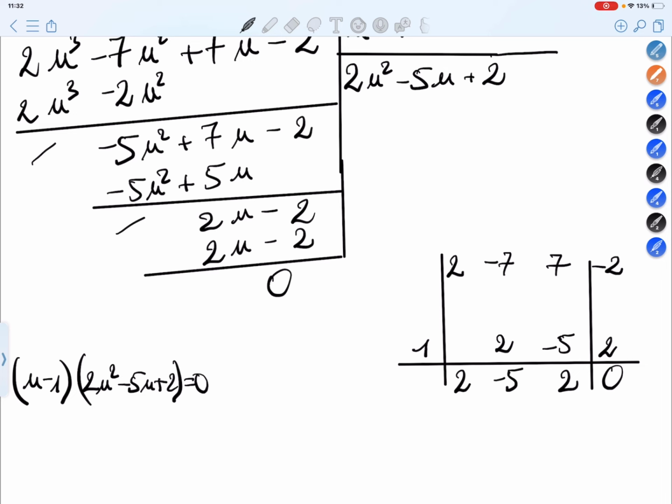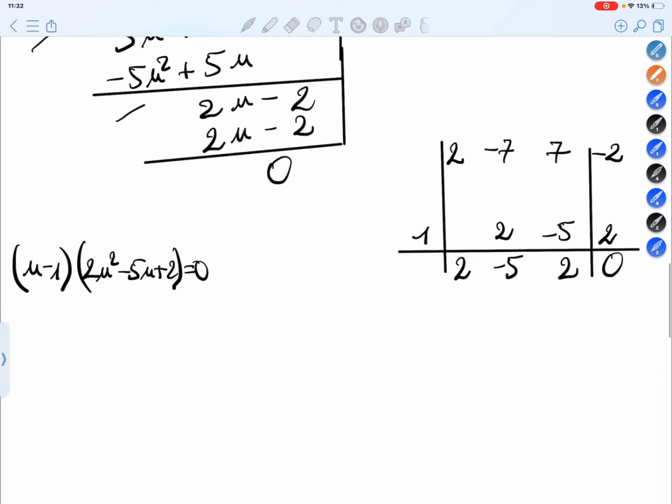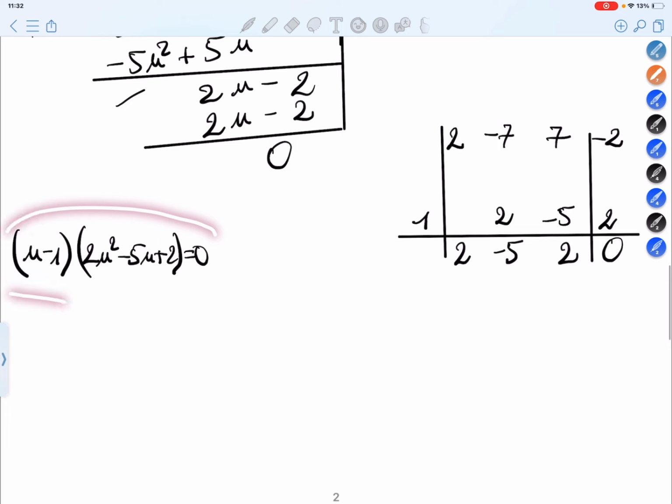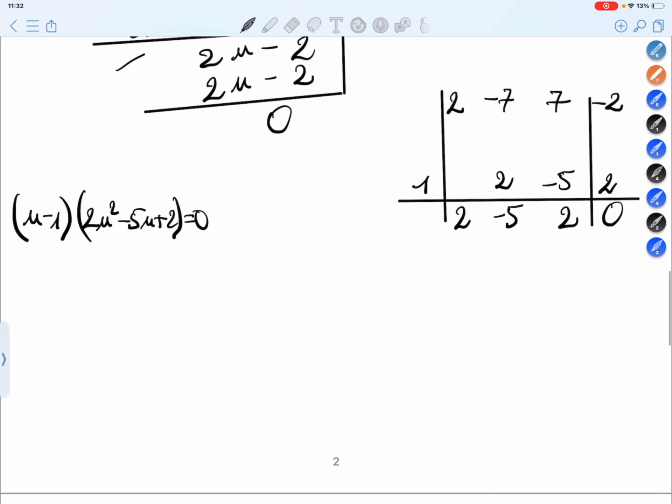We can see that these numbers we have here are all the coefficients of this. So 2 would be this, minus 5 would be this, 2 would be this. So this was a quicker way, but either way we would end up with having this as the factorization we wanted, right?